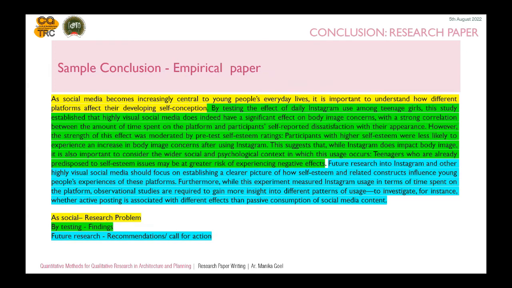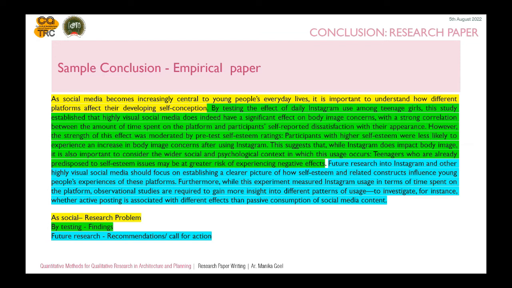Whereas for an empirical paper: as social media becomes increasingly central to young people's everyday lives, it is important to understand how different platforms affect their developing self-conceptions. By testing the effect of daily Instagram use among teenage girls, this study established that highly visual social media does indeed have a significant effect on body image concerns, with a strong correlation between the amount of time spent on the platform and participants' self-reported dissatisfaction with their appearance.